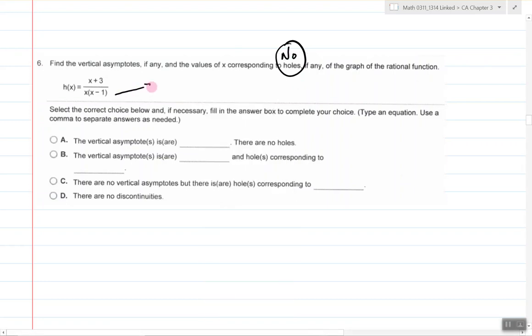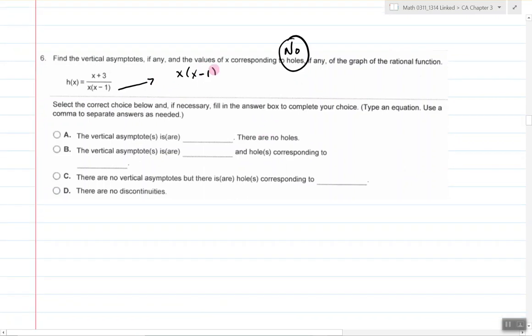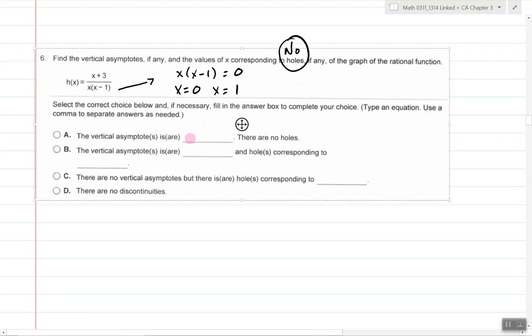Well, take the denominator, x times x minus 1, set it equal to 0, you will get an exclusion at x equals 0, you will get an exclusion at x equals 1. Those are vertical asymptotes. The only time you have holes is if something reduces out of the function. So x equals 0, comma, x equals 1. There are no holes.